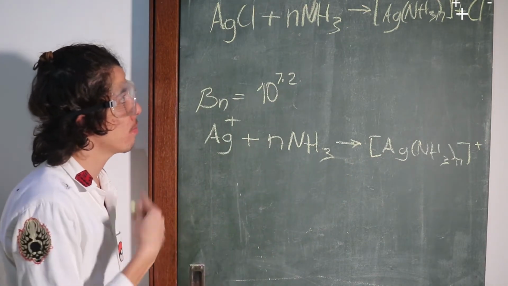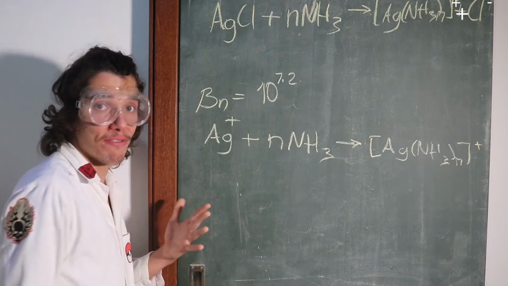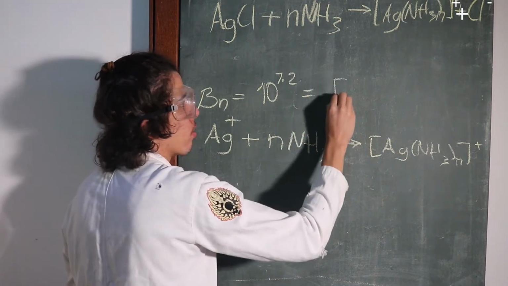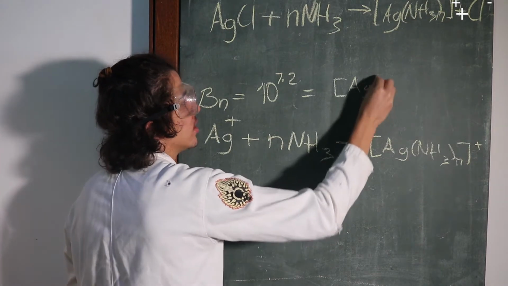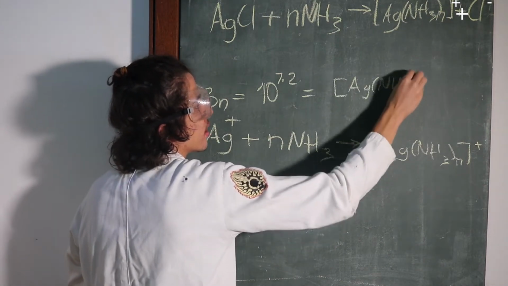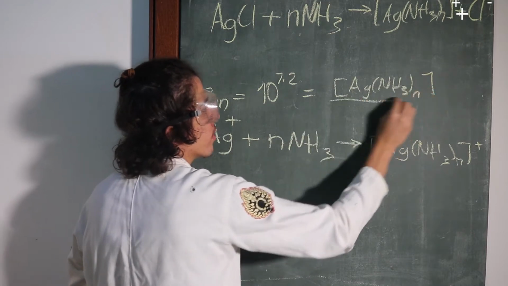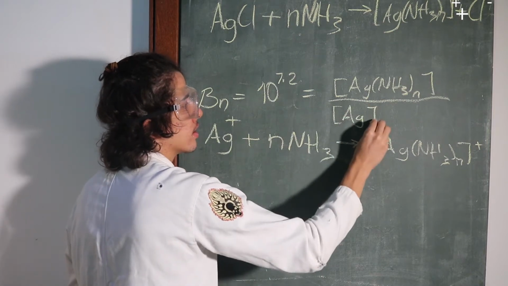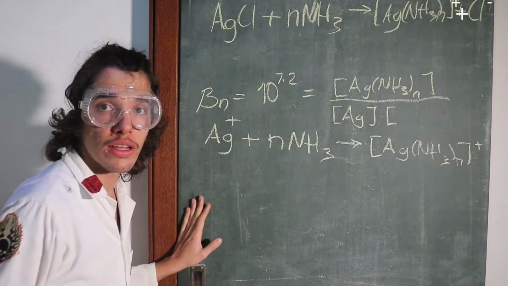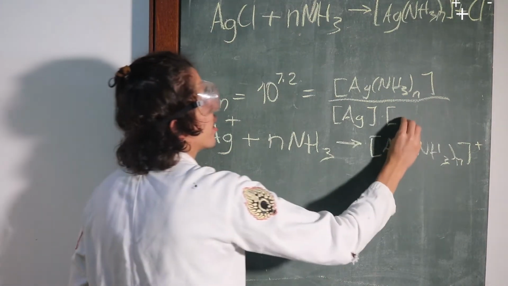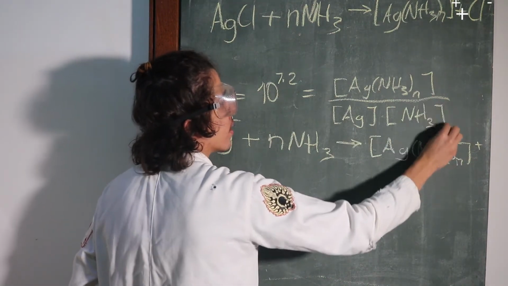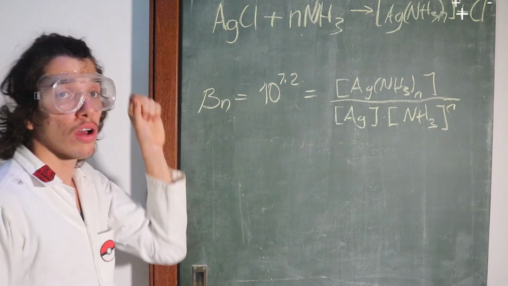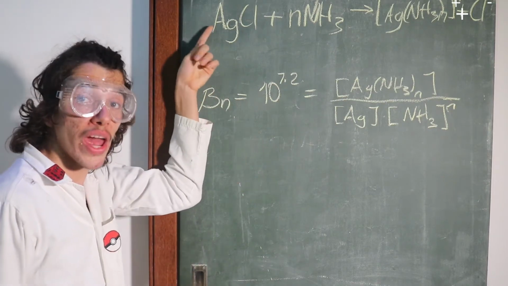Mathematically, it's the product, the concentration of the complex Ag(NH3)n, over the reactants, the concentration of silver times the concentration of ammonia to the nth power.